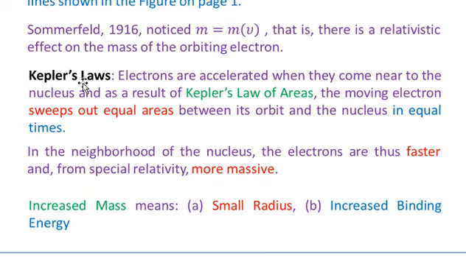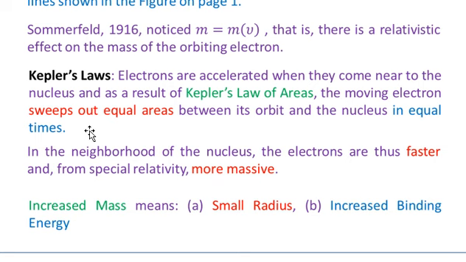Kepler's law. So you see that in order to explain these things, we are going through Kepler's law. Electrons are accelerated when they come nearer to the nucleus, and as a result of Kepler's law of areas, the moving electron sweeps out equal areas between its orbit and the nucleus in equal times. So equal areas will be swept out by the electron in an equal amount of time.